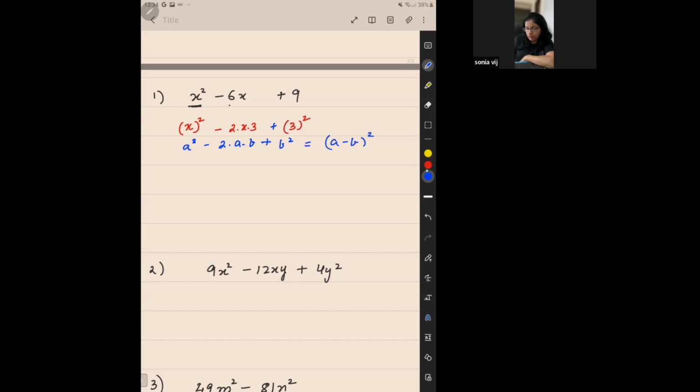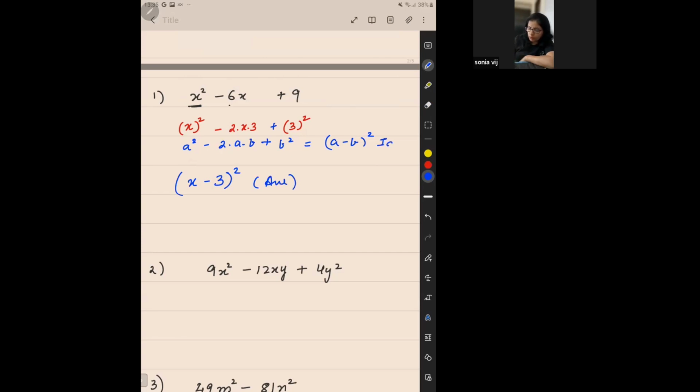Hence, I can write that the answer will be (a minus b) whole square. In this case, what is our a? a is x and b is 3. (x minus 3) whole square is your answer. So this is the identity.